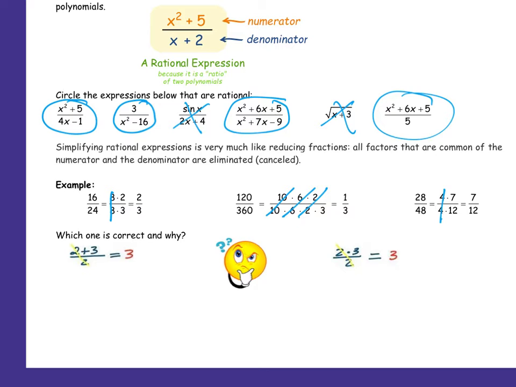So on the bottom question here, which is correct and why? 2 plus 3 divided by 2 equals 3, or 2 times 3 divided by 2 equals 3. So which one is correct and why? Write it on your paper, or on your notes at home.